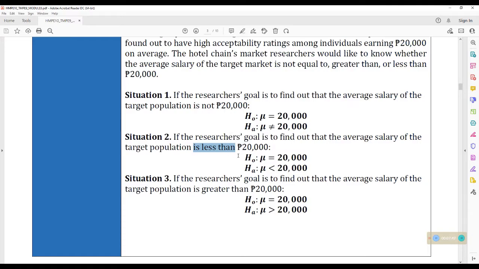One-tailed, left-tailed. So, we have the population mean is equal to 20,000. Ganun pa rin for the null hypothesis. But for the alternative hypothesis, papunta na siya sa kaliwa. Less than 20,000 na. Now, for situation number 3, the other way around naman tayo, greater than. Okay? Okay.